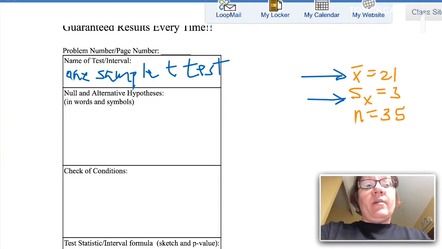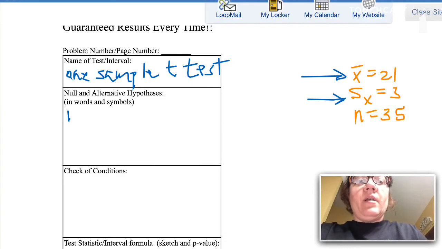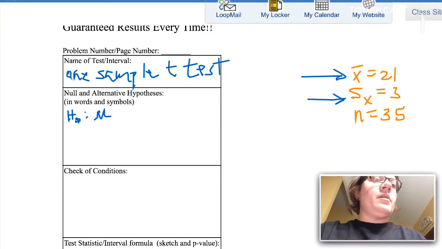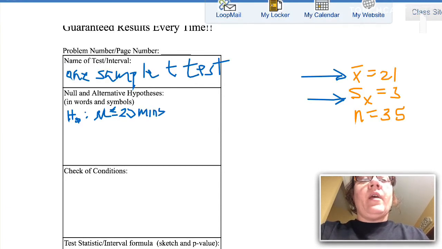And my null hypothesis is that the delivery time, and remember I have to do it in terms of the population, so since this is an x bar, I'll be using mu, is actually less than or equal to 20 minutes. And the alternative, our guess, is that the mean delivery time is really greater than 20 minutes.